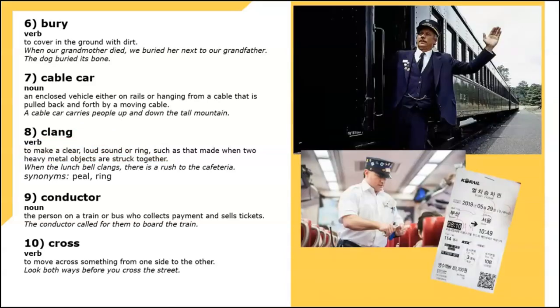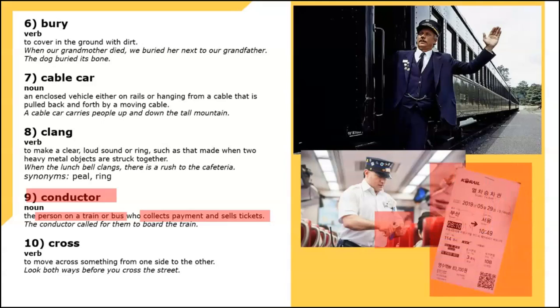Our next word is conductor. Conductor is a noun. It's actually talking about the person on a train or sometimes a bus who collects payments and sells tickets. So if you look at the picture here, this conductor is going to all of the people and he's checking that all of the people have a ticket.